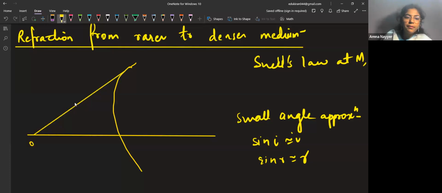Suppose object is kept here. So this becomes the incident ray. Now, whenever you have to draw a normal for any circular part, whether it's hollow sphere, whether it's mirror, always remember, whenever you're drawing a normal, it always passes through the center of curvature.